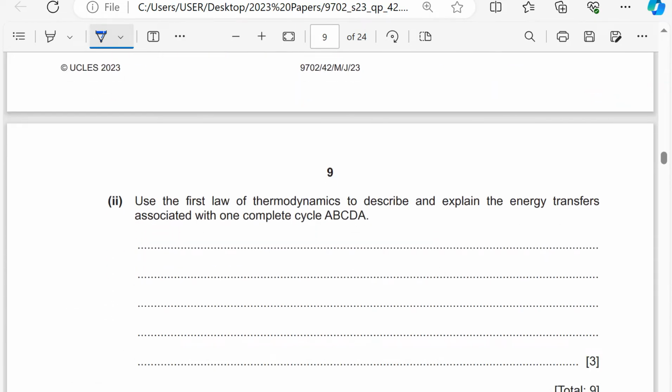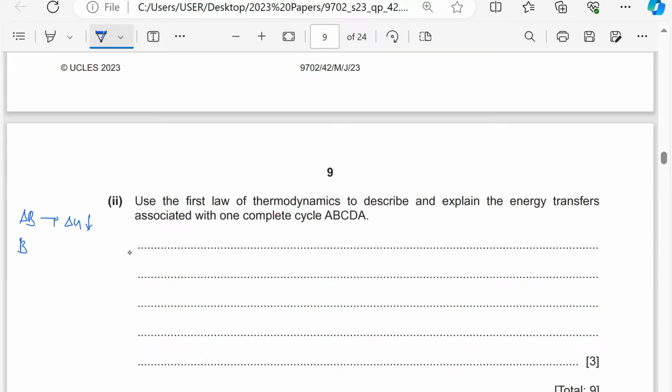Use the first law of thermodynamics to describe and explain the energy transfers associated with one complete cycle, A, B, C, D. So I want you to recall that A to B, the change in internal energy was a decrease.